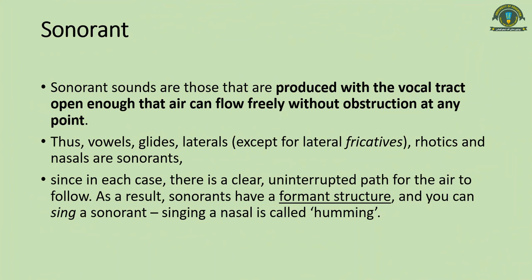Sonorant sounds are those that are produced with the vocal tract open enough that air can flow freely without obstruction at any point. So in sonorant sounds, the vocal tract lets the air escape freely without any obstruction.